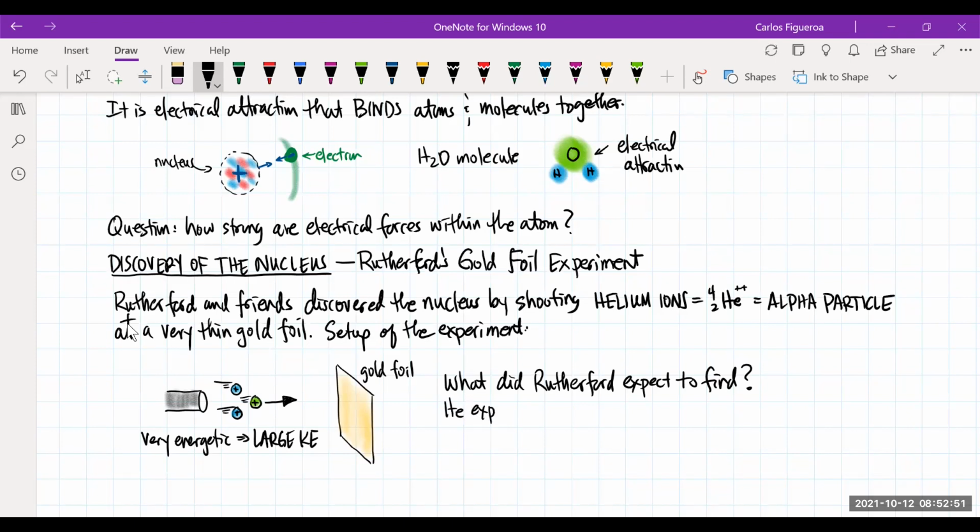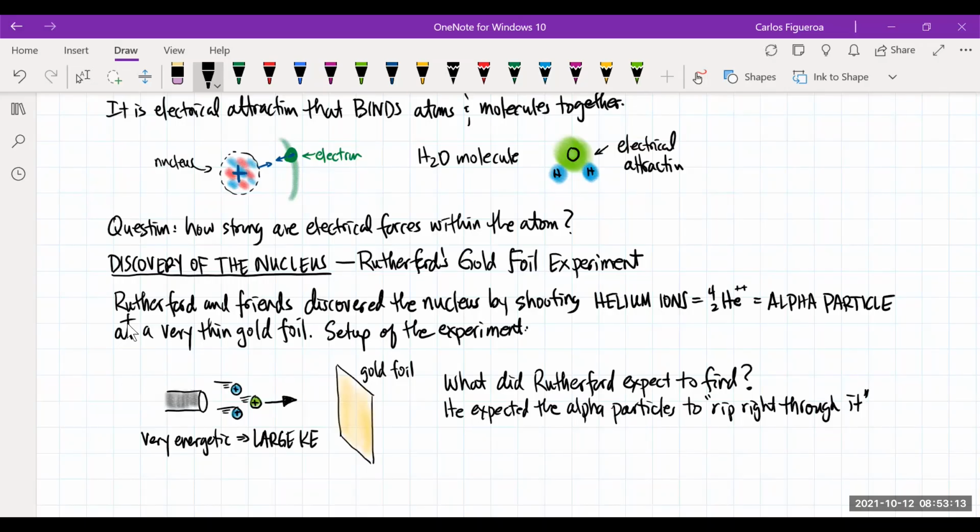So to answer the question then, he expected the alphas, or alpha particles, to rip right through it with no interactions.